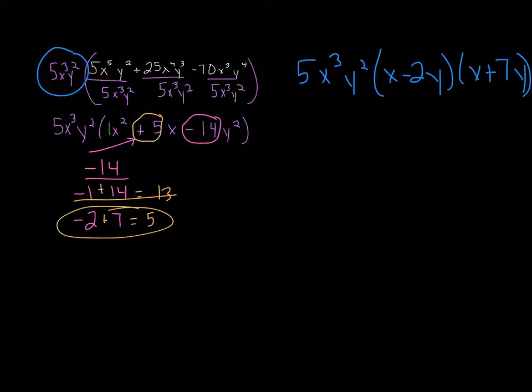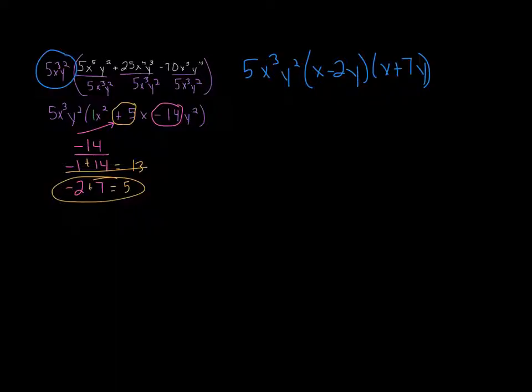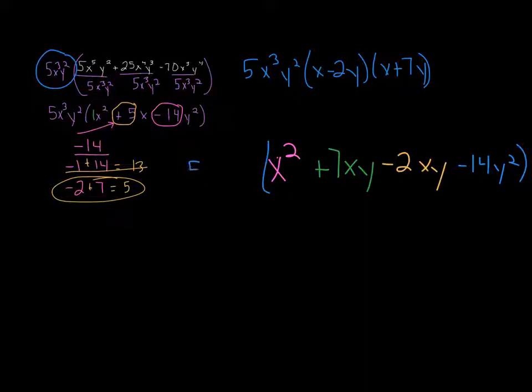Now let's FOIL to check. Give ourselves some room. Alright, so the first terms, you have x squared, the outer plus 7xy, the inner minus 2xy, and the last minus 14y squared. And then we'll need to distribute the common factor back out after we combine.